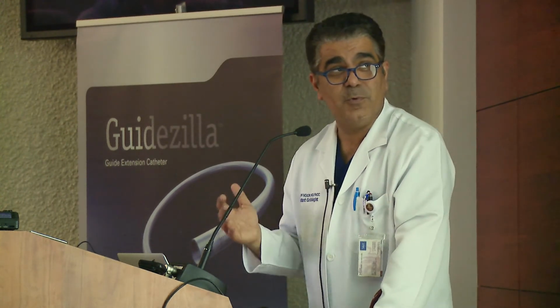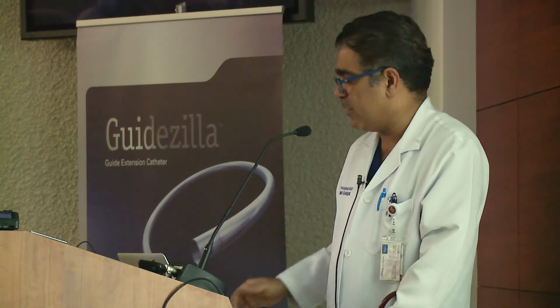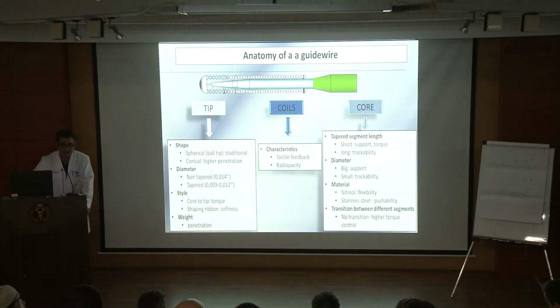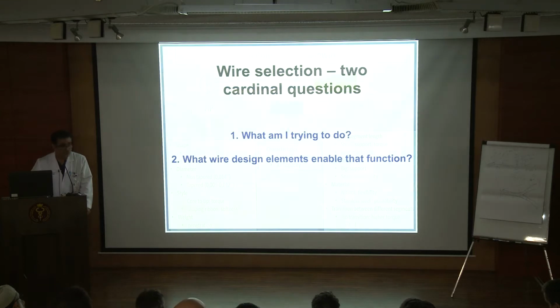There are different components: the tip, the core, the coils, the covers, all of which come into play and help us use the wire we need for a specific task. So two cardinal questions with wire usage are: what am I trying to do, and what wire design element enables us to do that function?